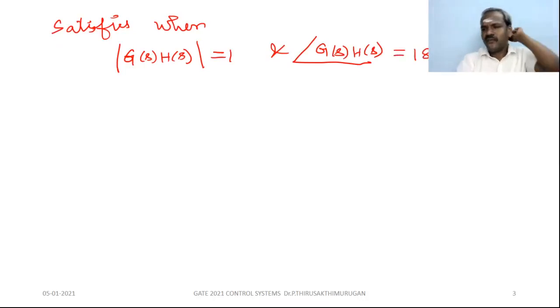So the process of finding the points on the s plane which satisfy these conditions is the basis for the root locus method, or root loci, right? Root loci is a graphical method to find the position of the roots of the characteristic equation, or the poles of the closed loop transfer function.